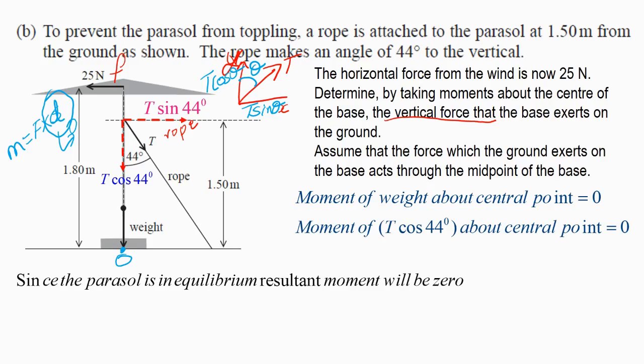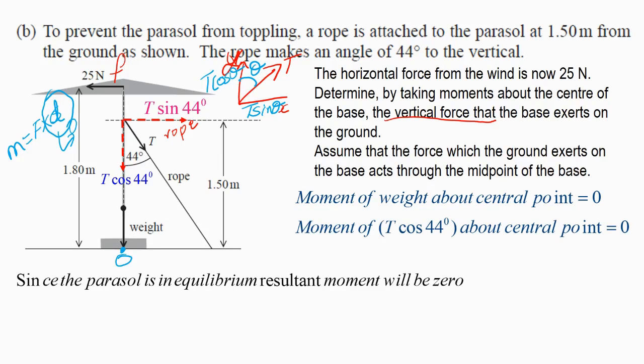If there is a resultant moment, the total system has a tendency to rotate. Since in this question they specifically say that our system is in equilibrium, that means there is no motion, so the net moment will be 0. Now there are only two moments, and they should be equal and in opposite direction.